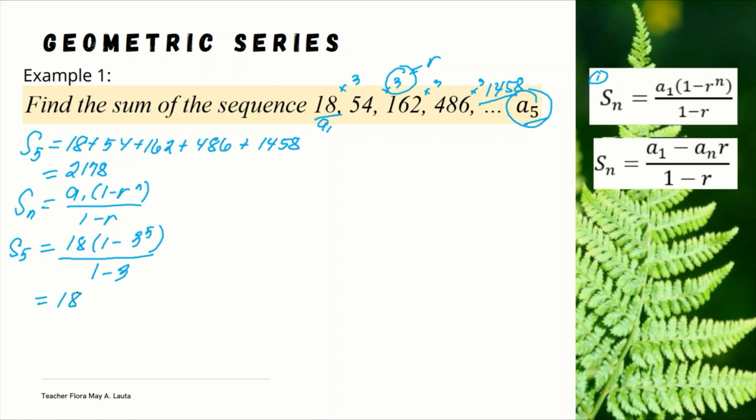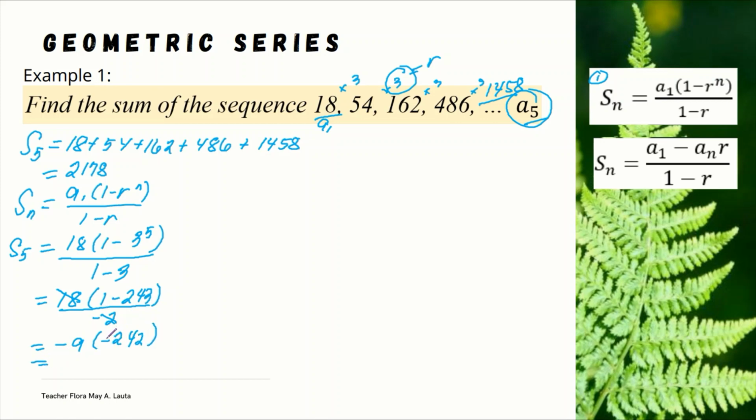Then 18 times 1 minus 3 to the power of 5, that is 243, divided by 1 minus 3, which is negative 2. So 18 divided by negative 2 is negative 9, and 1 minus 243 is negative 242.